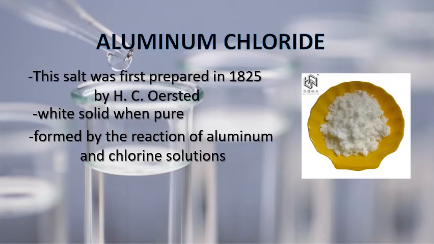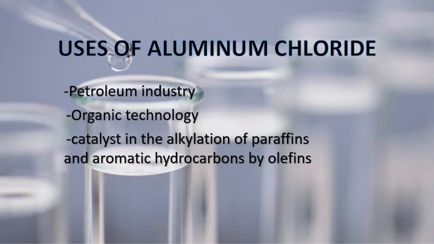Aluminum chloride. This salt was first prepared in 1825 by H. C. Ørsted. It is a white solid when pure and formed by the reaction of aluminum and chlorine solutions. The uses of aluminum chloride are for petroleum industry, organic technology, and as a catalyst in alkylation of paraffins and aromatic hydrocarbons by olefins.